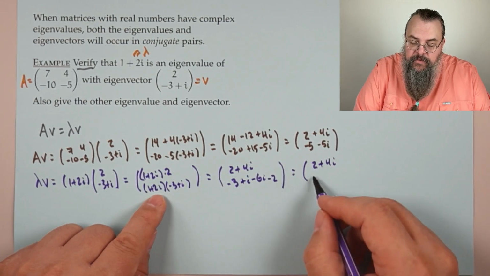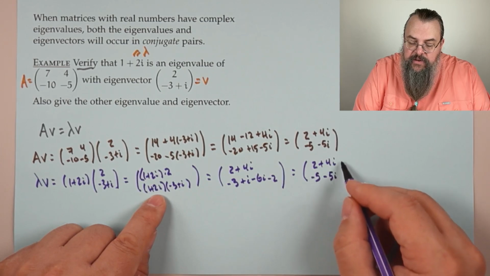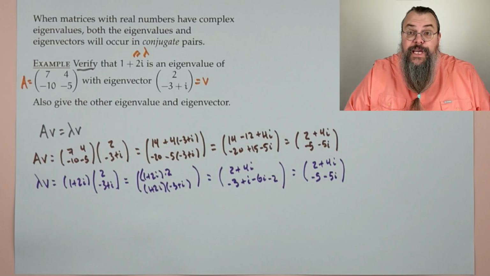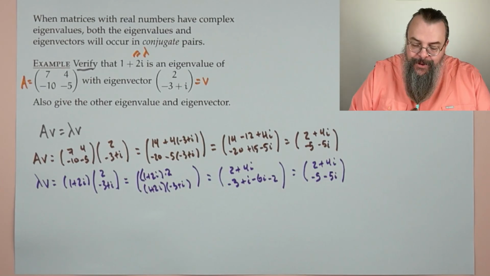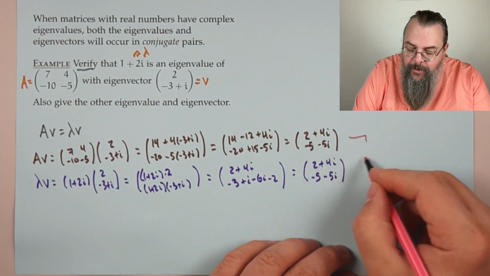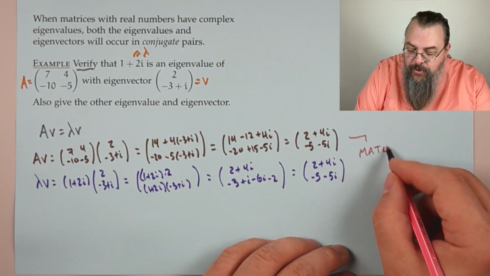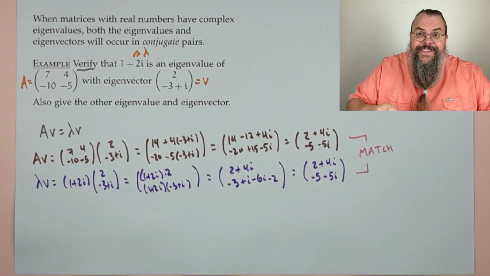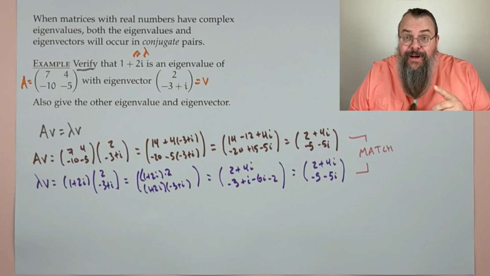Minus 3 minus 2 is minus 5. i minus 6i is minus 5i. And now, our grand test: do they match? And they do! Woohoo! Or, as you might say, wow! That's cool. All right, so verify. Done. Nice.